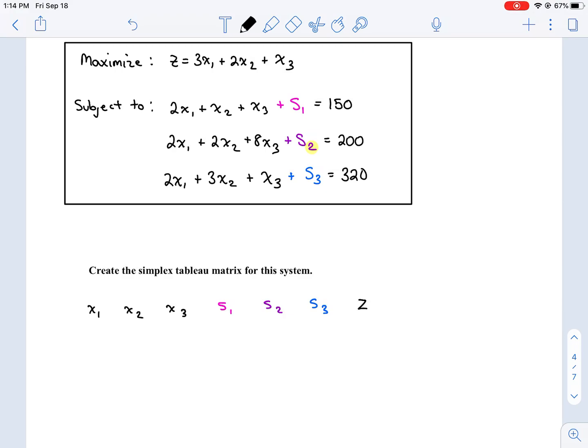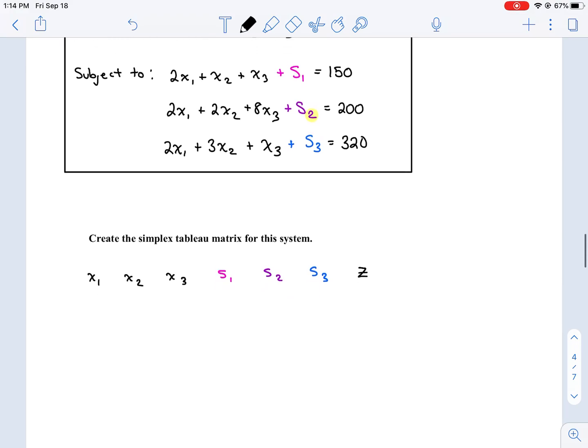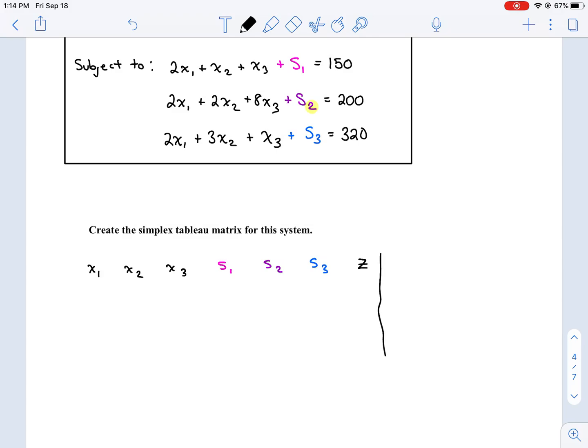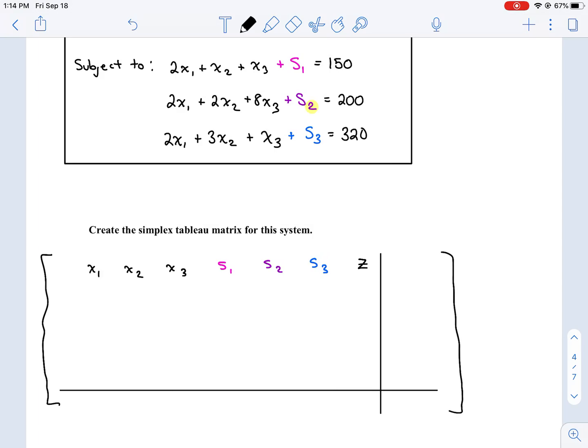Next, I'm going to list the variable z, and I'm going to place a vertical line after the z and a horizontal line at the bottom. And I'm going to put the braces around each side.